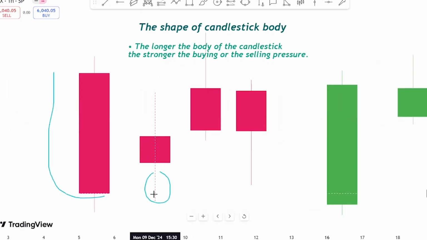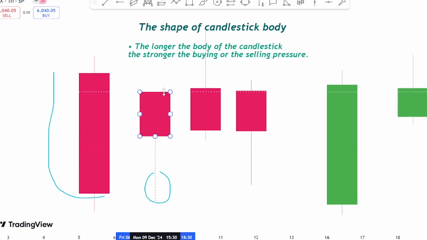Okay, so which means that this candlestick is bearish, but even if this is a bearish candle, it means that the buyers and the sellers are equal in energy.